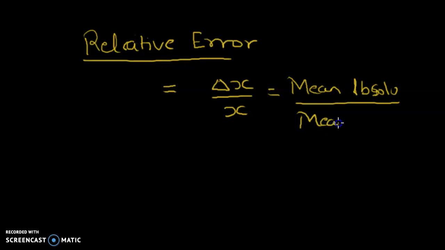True value is actually the mean value. So the ratio of the mean absolute error and the mean value is the relative error. Okay, I hope this is clear.